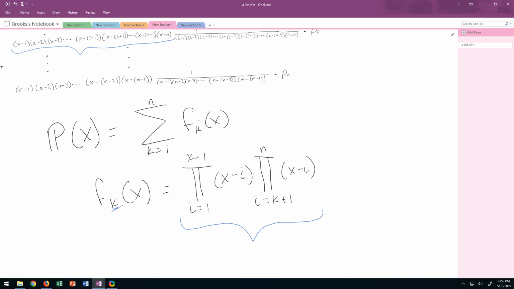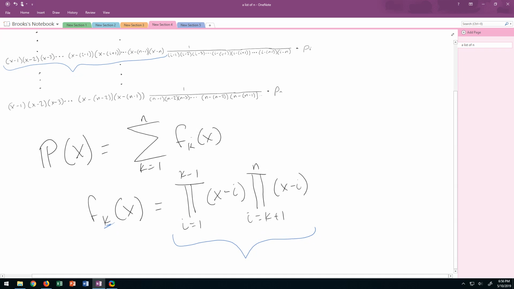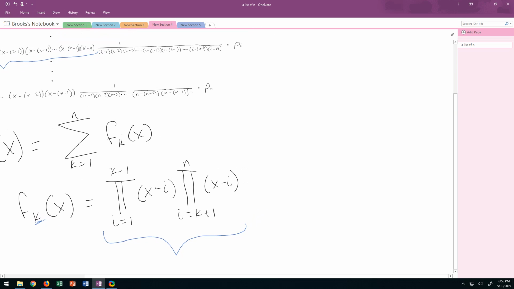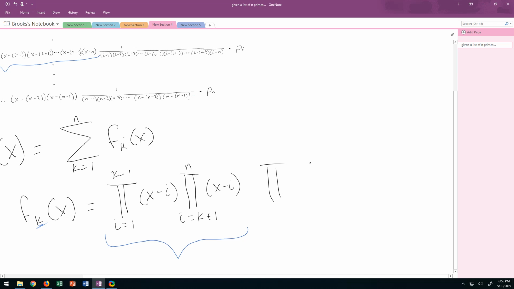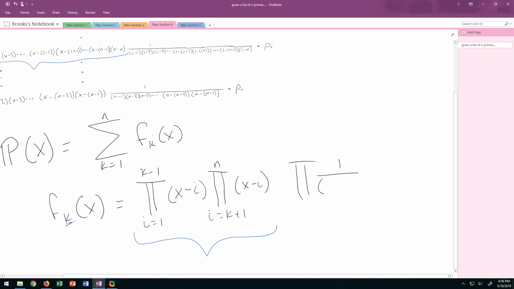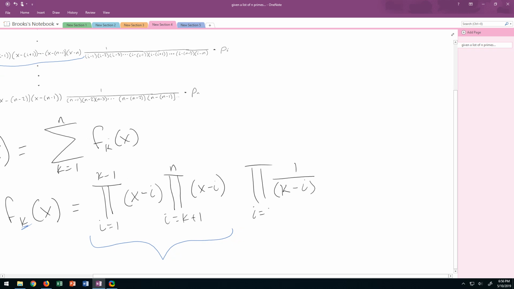All right, so now I need my green chunk. It's going to be a product also. It's going to be the product of 1 over, it's not going to be x on the bottom because that would be a variable. What I need is the index, k minus i, from i equals 1 up to k minus 1.